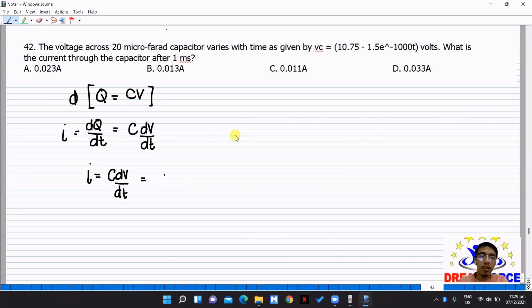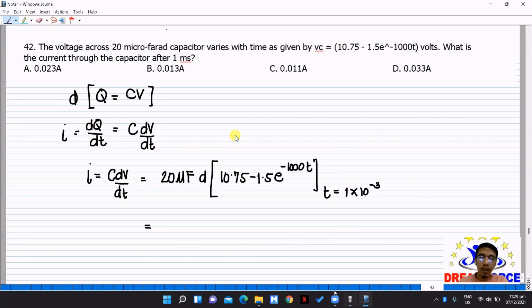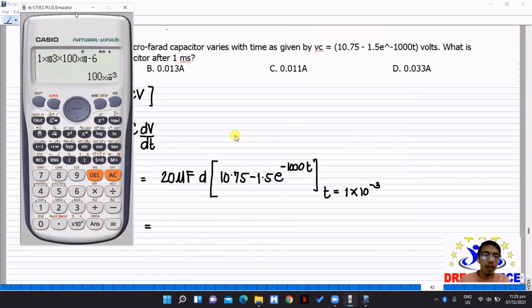So substitute, yung C natin is 20 microfarad. I-derive po natin yung voltage equation na given. That is 10.75 minus 1.5 E raised to negative 1,000 of T. And the value of T is 1 times 10 raised to negative 3 seconds. Okay, so derive.